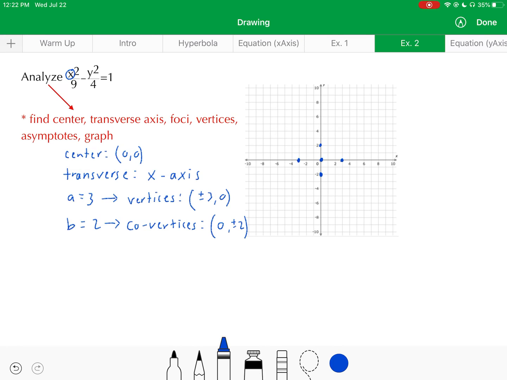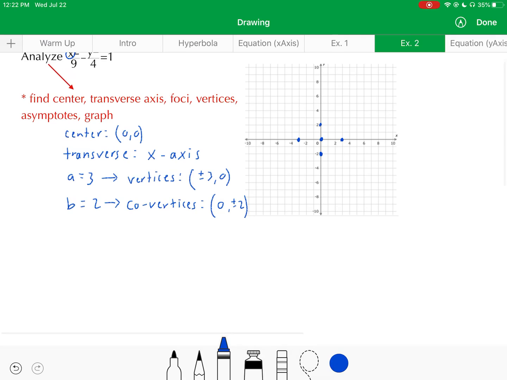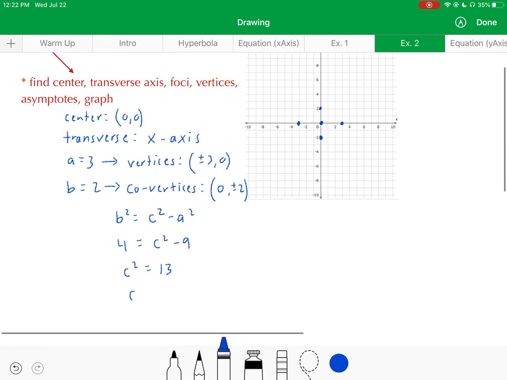All right, and then I'm going to come up with my c value so I can reason out my focus. So b squared equals c squared minus a squared. That's 4 equals c squared minus 9, or c squared equals 13, making c the square root of 13.